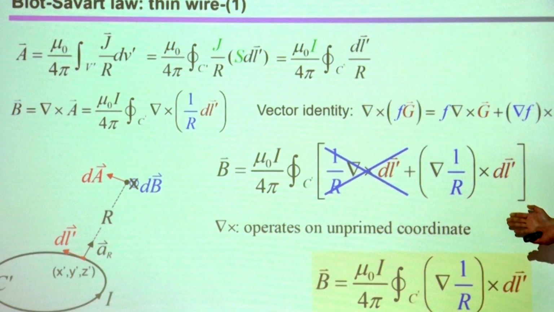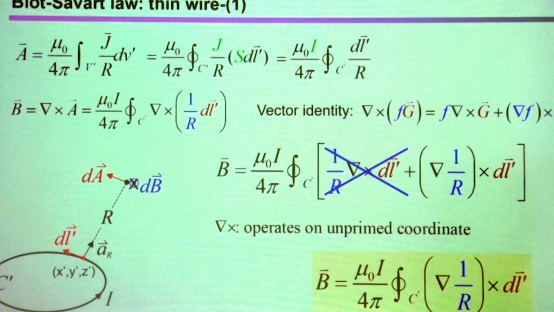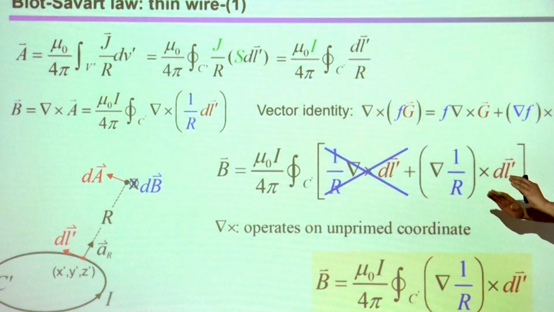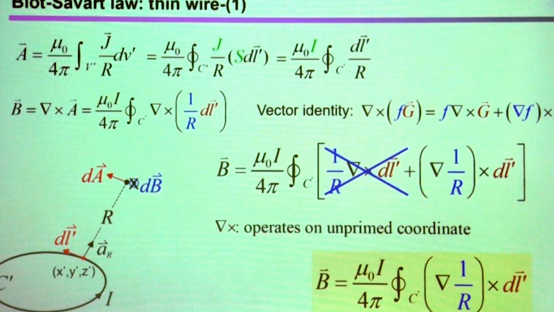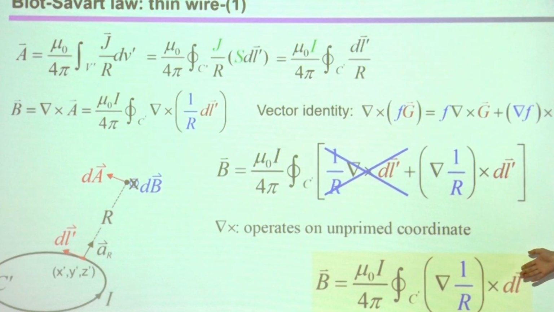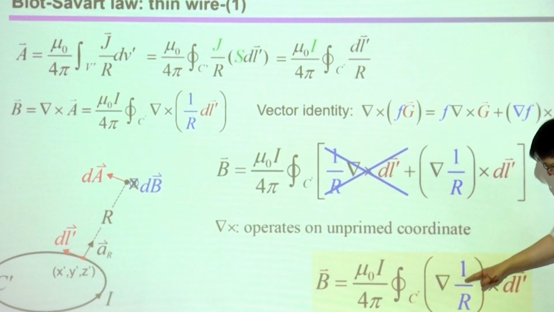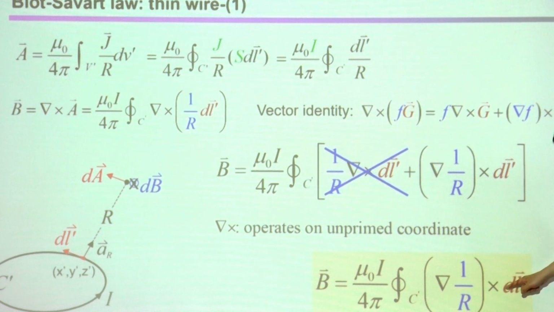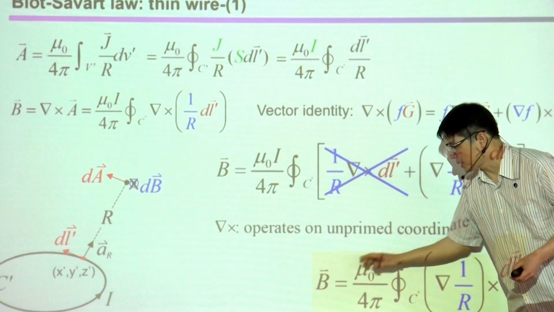This is the desired result. So in the future, if we know the current in the form of a closed loop, all we have to do is perform the closed loop integration of the gradient of 1 over r, making a cross product to the differential length on the conducting loop, and multiply by this.